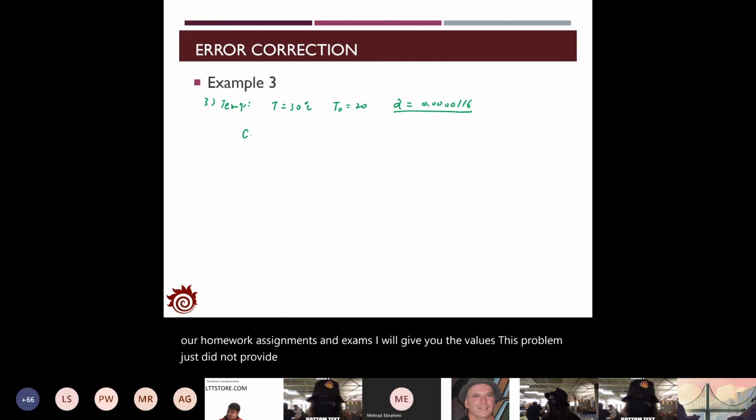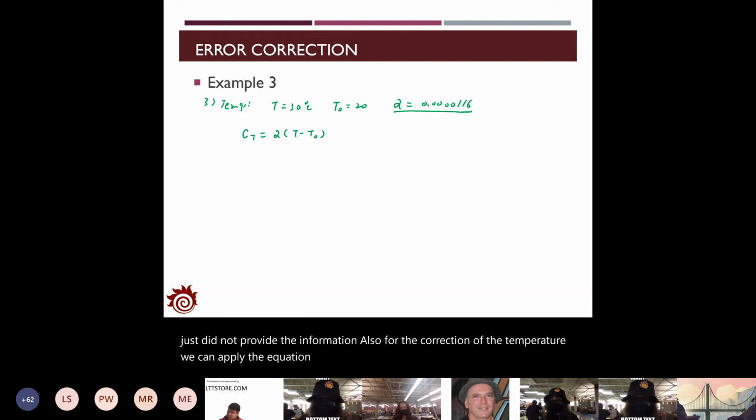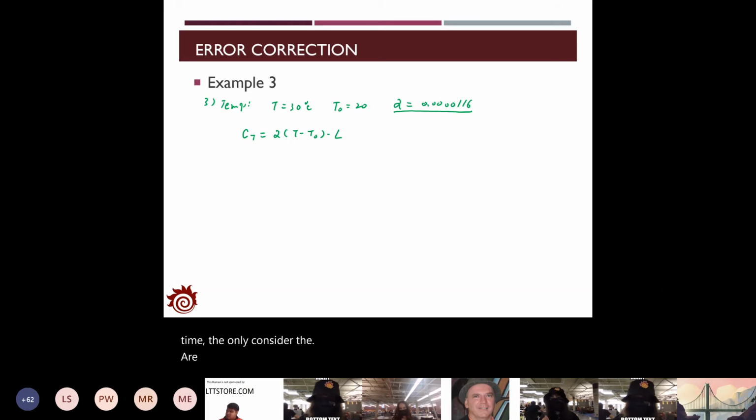So for the correction of the temperature, we can apply the equation alpha times (T minus T0) times L. At this time, you don't need to consider the correction of tension for each measurement.